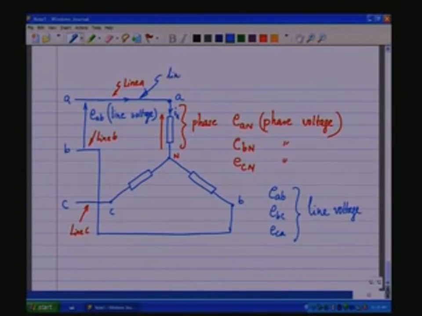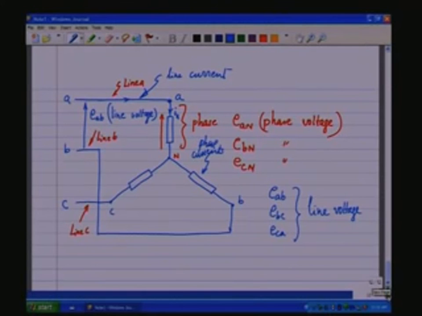So, you have the line currents and the phase currents. So, current flowing through the phase circuit is the phase current, current flowing through the line is the line current. Of course, in this case the phase current and the line current are the same. The voltage across the lines is called the line voltage, the voltage across the phase circuit is called the phase voltage.